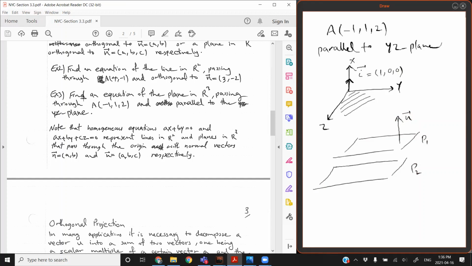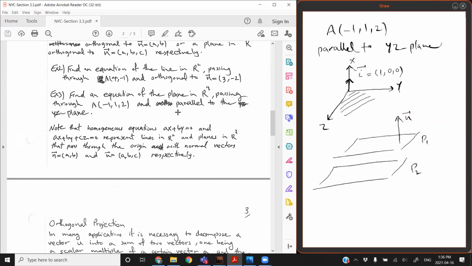Yes? So now let's go back to this problem. It says that the plane that we're trying to figure out the equation for passes through this point. So we have a point, but we are not directly given a normal for that.